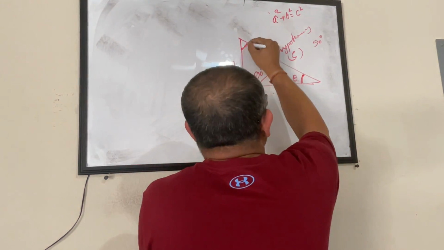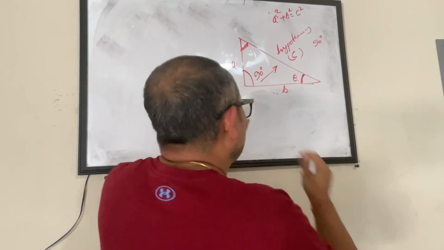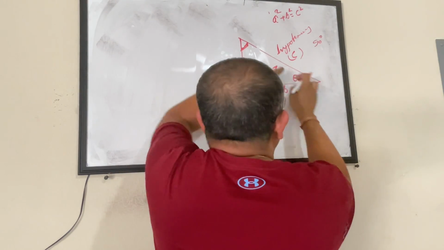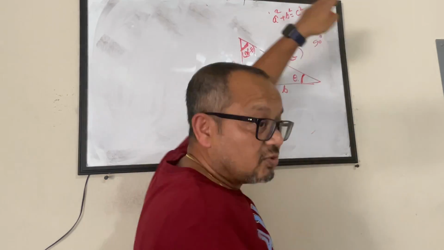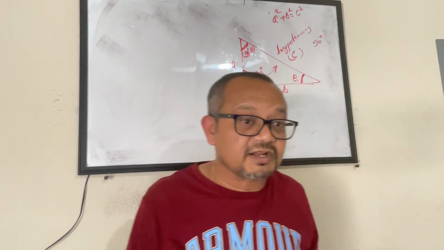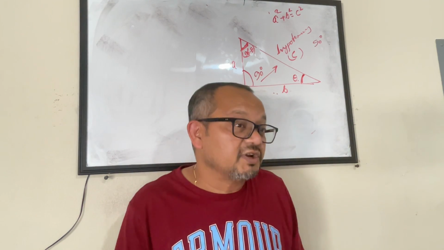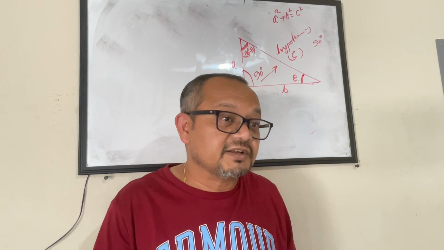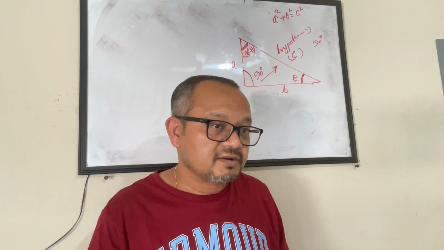What will be the value of this other angle? 90 minus theta, because this is 90, this is theta, so this will be 90 degree minus theta. And I don't know what theta is. Theta could be 5 degree, 45 degree, or 89 degrees, or maybe 89.9999 degree. But it will not be 90, and it will not be more than 90 either.